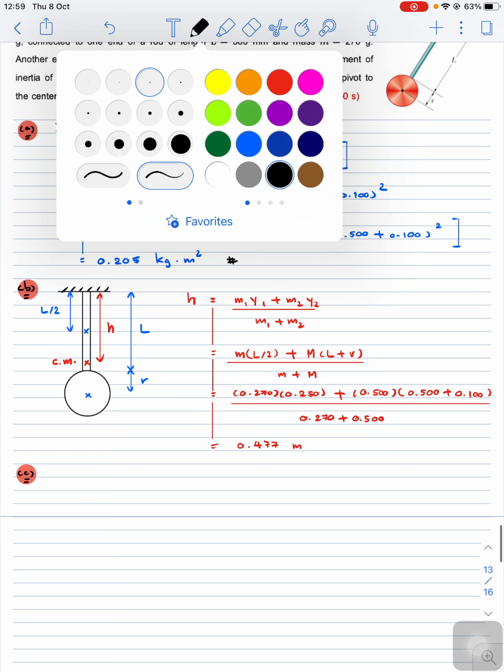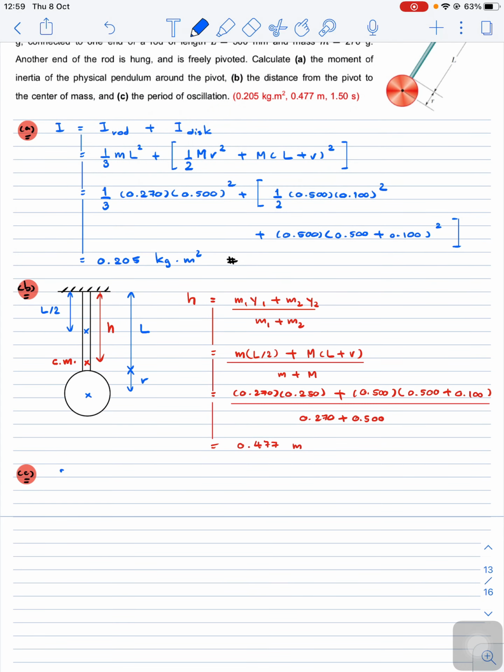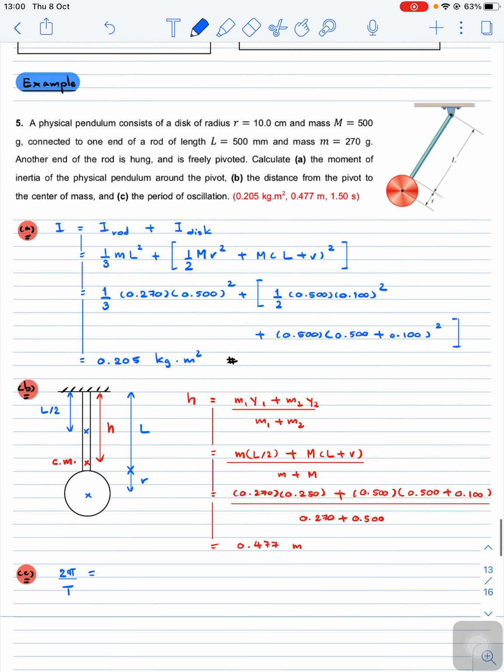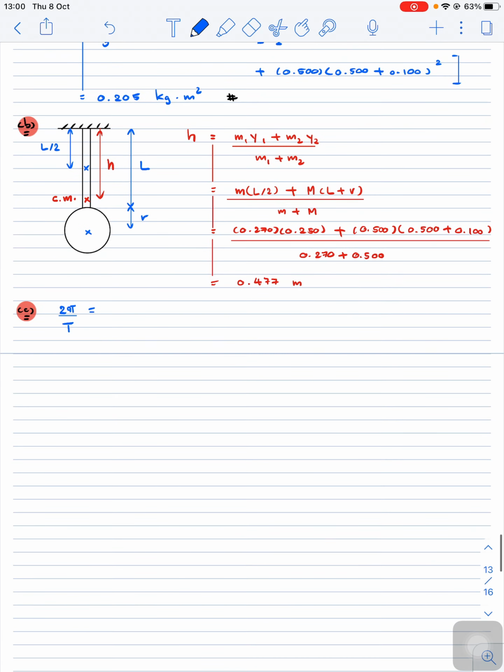So we say that 2 pi over the period equals the square root of mgh over I, or we can get that T equals 2 pi times the square root of I over mg times h.